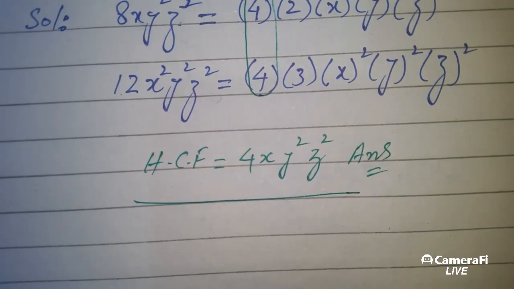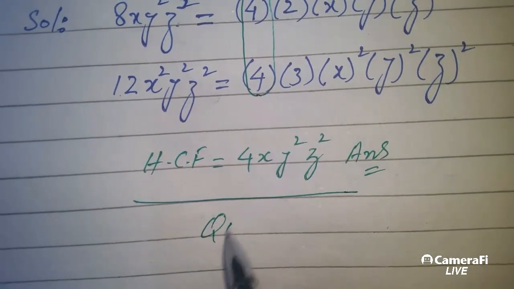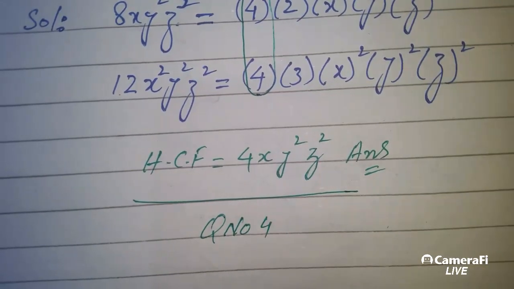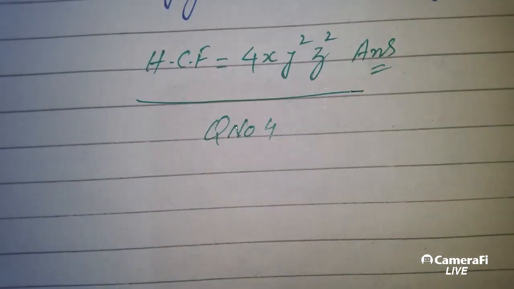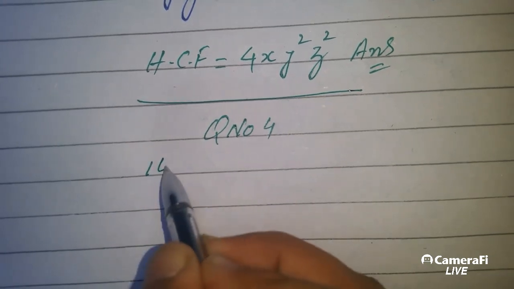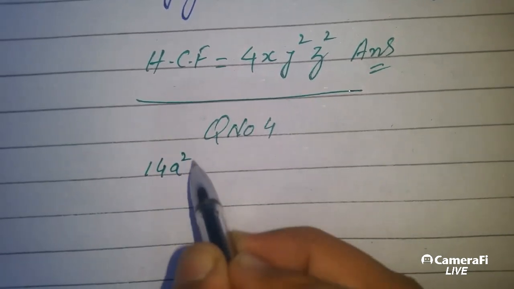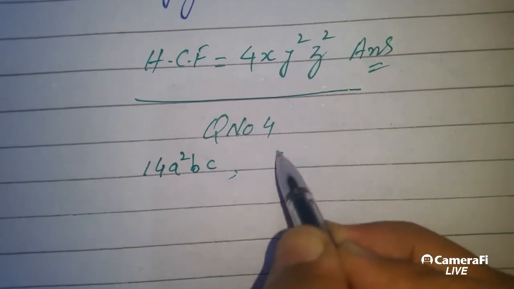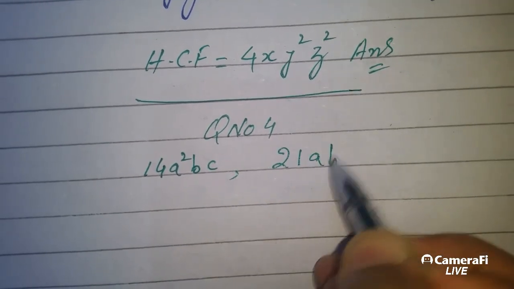Question number 4. 14a square bc and 21ab square.